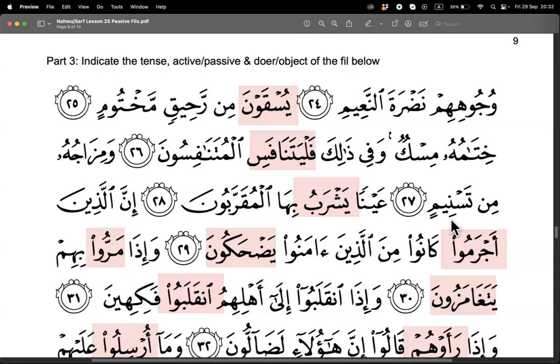What do we have here? Jar wa majrur, min tasnim, jar wa majrur, and then the whole fragment will be the khabar. Yes, good. Next one.